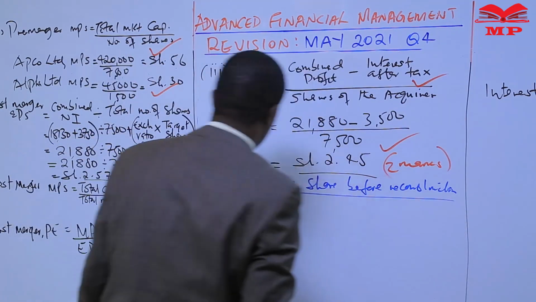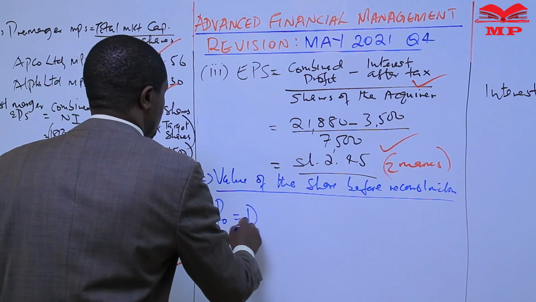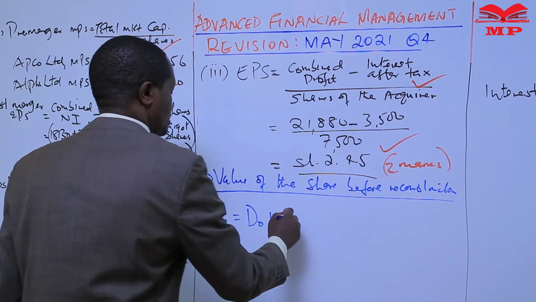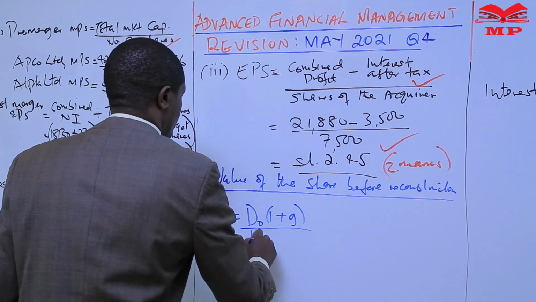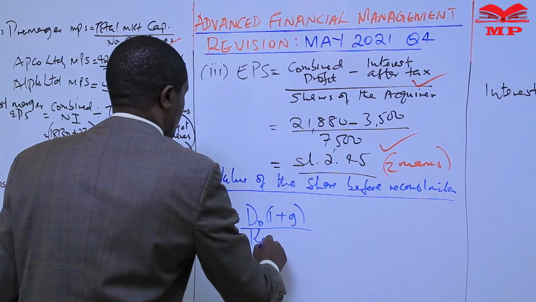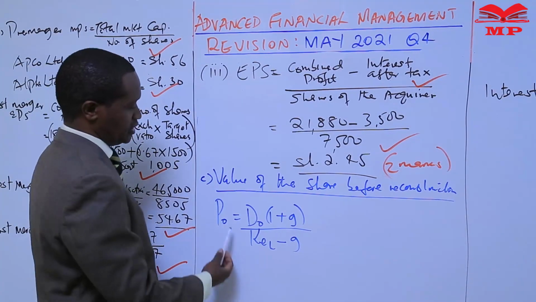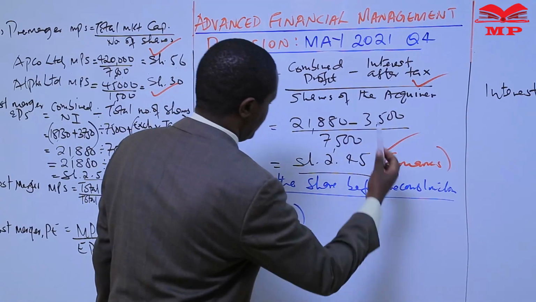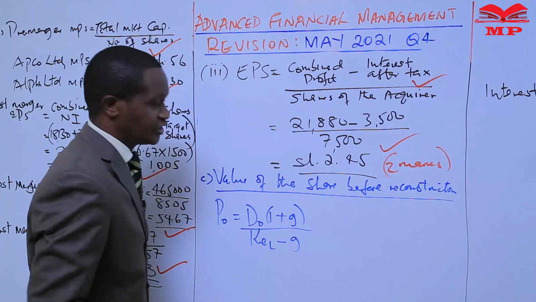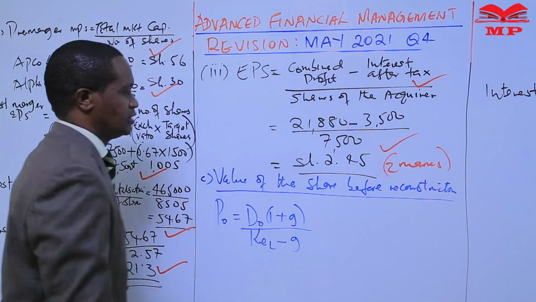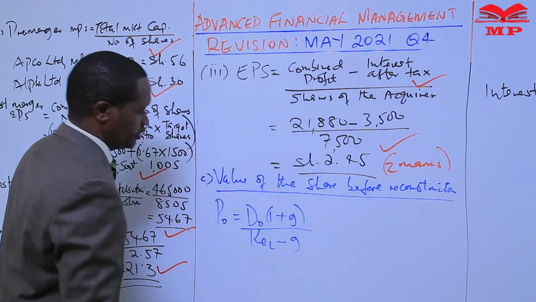We know, candidates, the value of a share P naught is equal to D naught (1 plus G) over cost of equity of the levered firm minus G. This is the formula for calculating the value of a share before reconstruction. Then we will calculate the value of the share after reconstruction. Then we compare the two and see the effect of reconstruction on the value of a share.